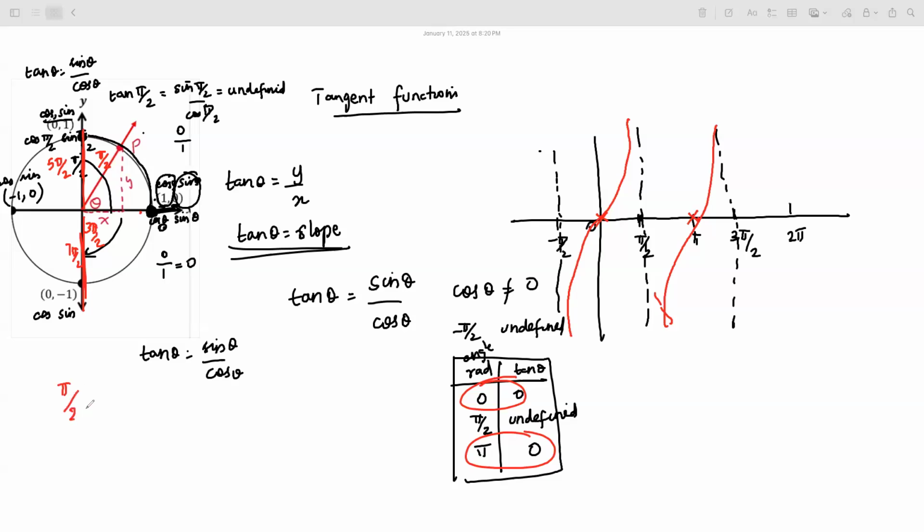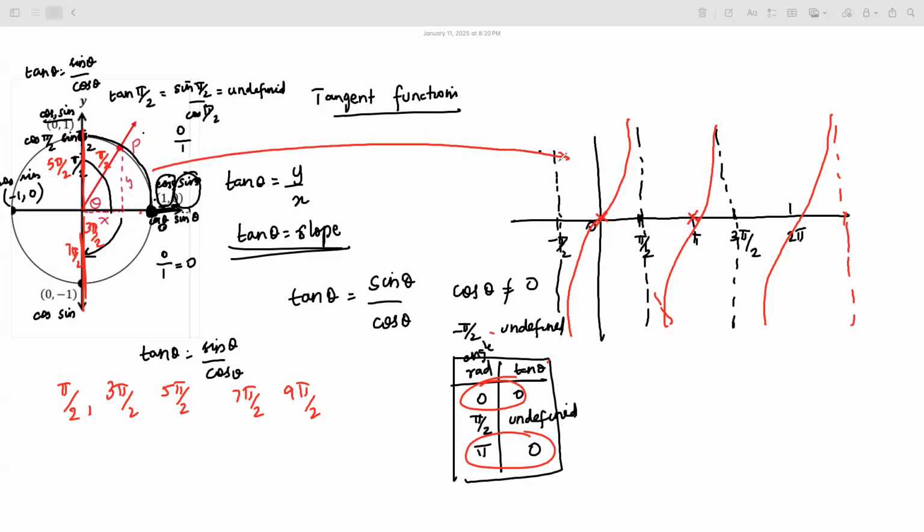Vertical asymptotes are drawn for pi by 2, 3 pi by 2, 5 pi by 2, 7 pi by 2, 9 pi by 2. Now here there is a vertical asymptote again. So this continues. Am I making sense? This is how you correlate a unit circle with a tangent graph. Does it make sense?